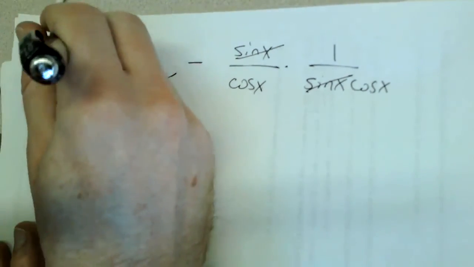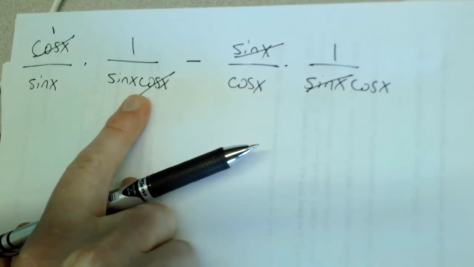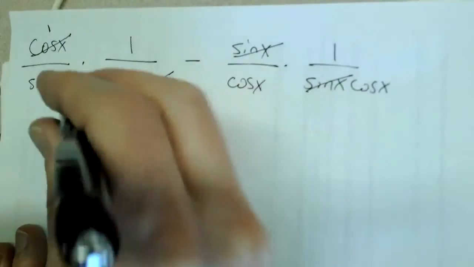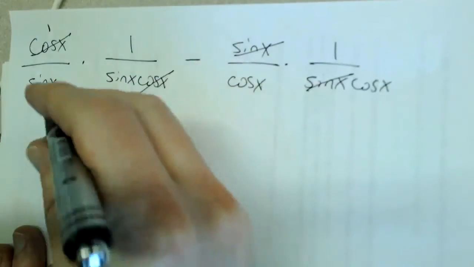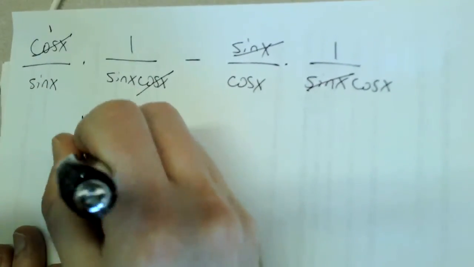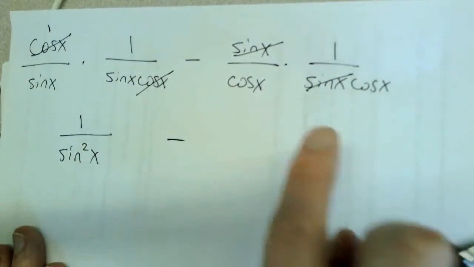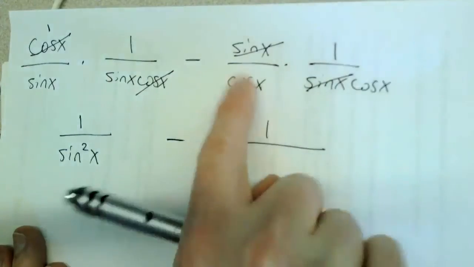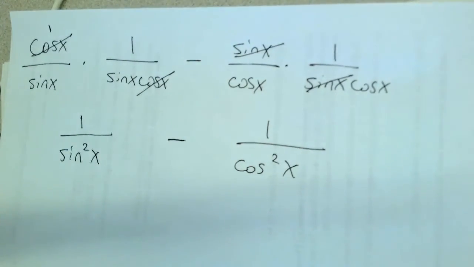If you like, you can write a 1 here if it helps. You're multiplying these two fractions. On the top, all that you have is a 1 because it's 1 times 1. And on the bottom, you have just sine times sine, which is sine squared. Minus, likewise here, this is just 1 times 1, so 1 on top, cosine times cosine, that's cosine squared. And that's what we have.